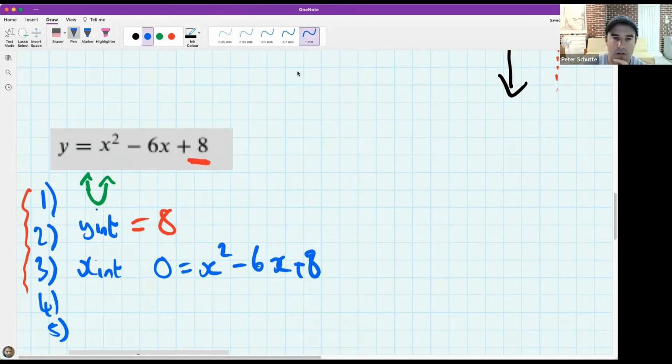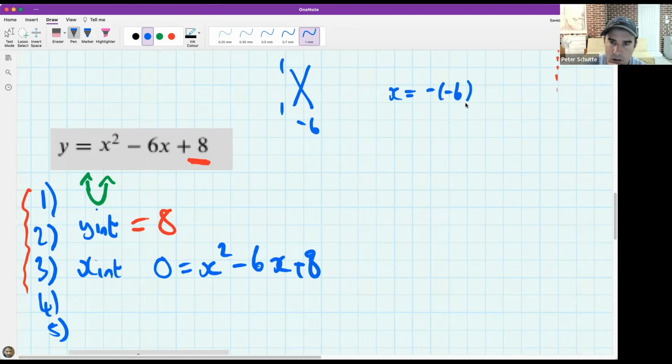I'll even do both. For those who like me writing it straight into the equation, maybe I'll just do it all in one step for you.